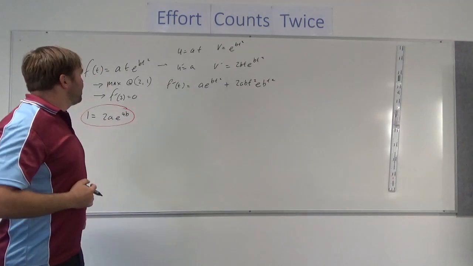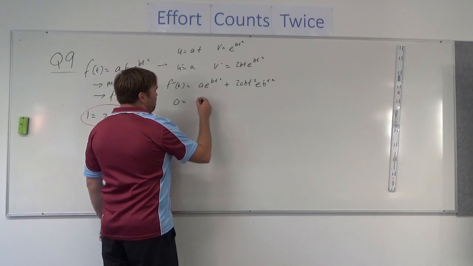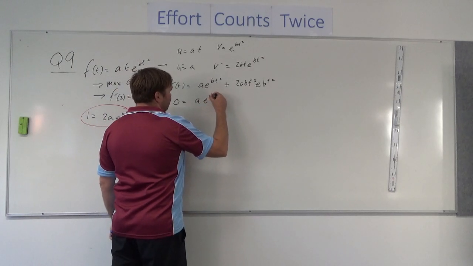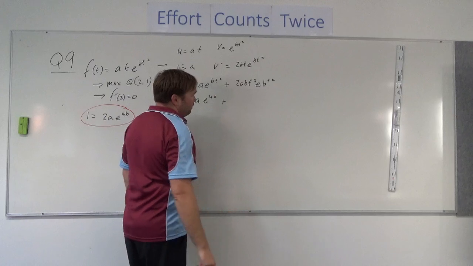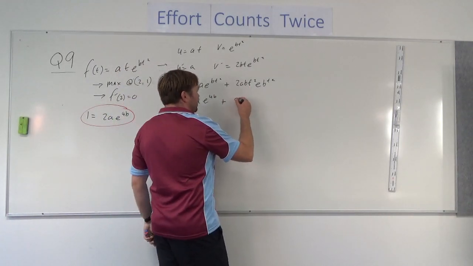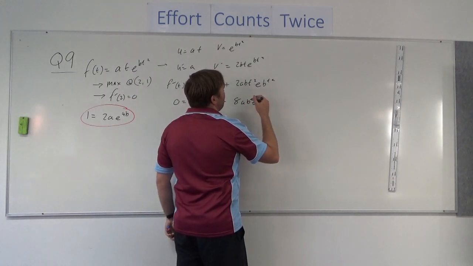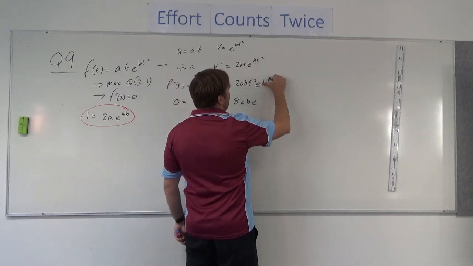Excuse my t's. This is equal to 0 when t is 2. T is 2, that's 4. So therefore this is 8 a b e. Pretty sure that was up high, wasn't it?